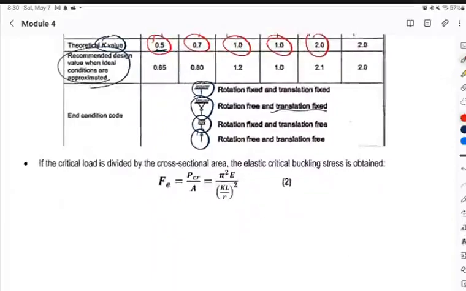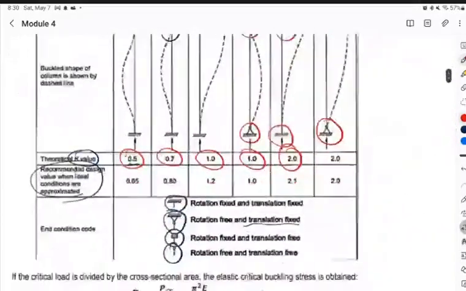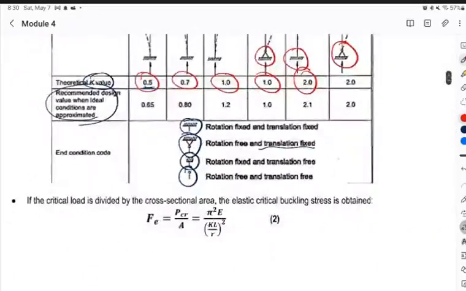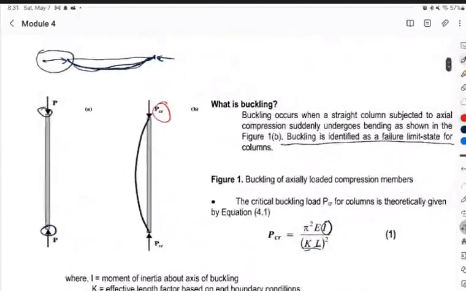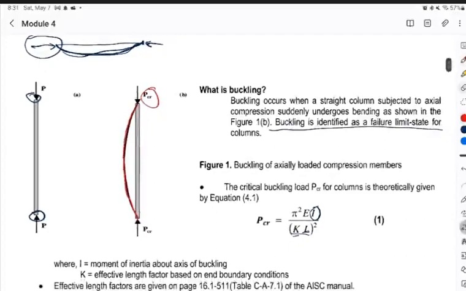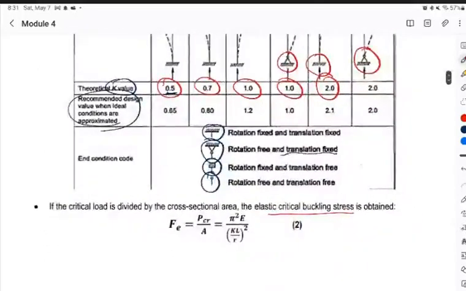Then now, if we apply the critical load, ito yung PCR. No? The elastic buckling stress is obtained. Kapag daw class, ang in-apply nating load ay that load kung saan magbabakel na yung ating member like this. Okay? Ang stress na mag-occur sa ating member ay what we call the elastic critical buckling stress.